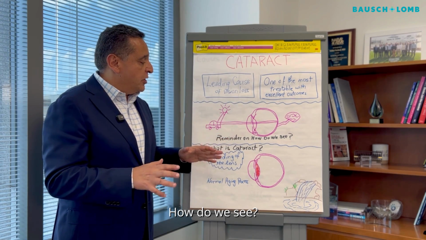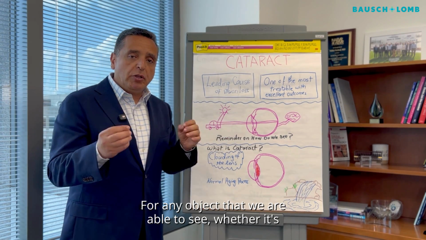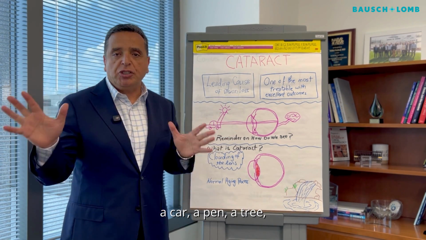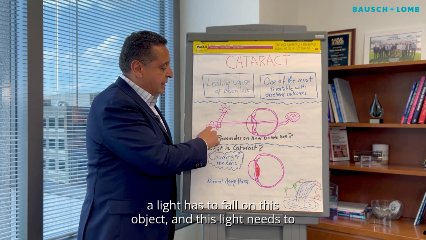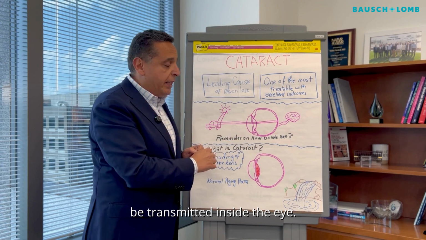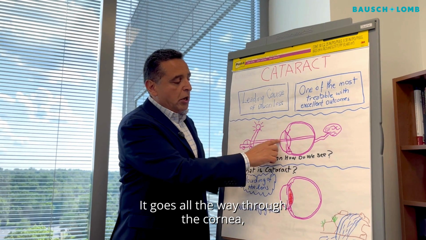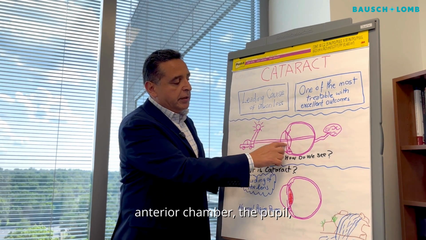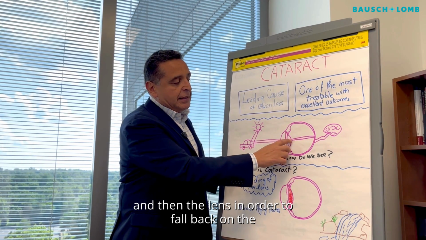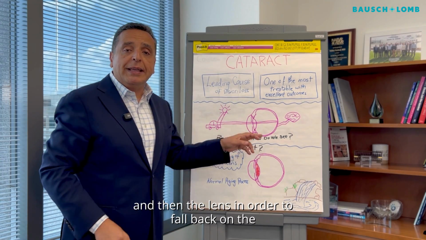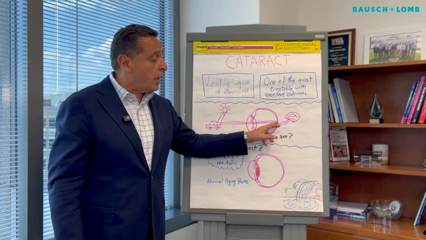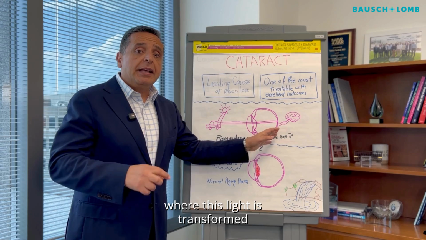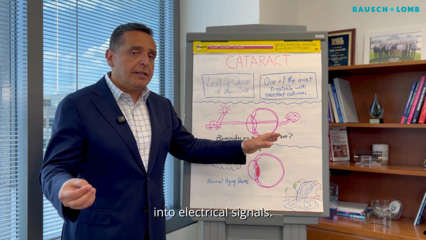How do we see? For any object that we are able to see, whether it's a car, a pen, or a tree, light has to fall on this object, and this light needs to be transmitted inside the eye. It goes all the way through the cornea, anterior chamber, the pupil, and then the lens in order to fall back on the macula, the central part of the retina, where this light is transformed into electrical signals.